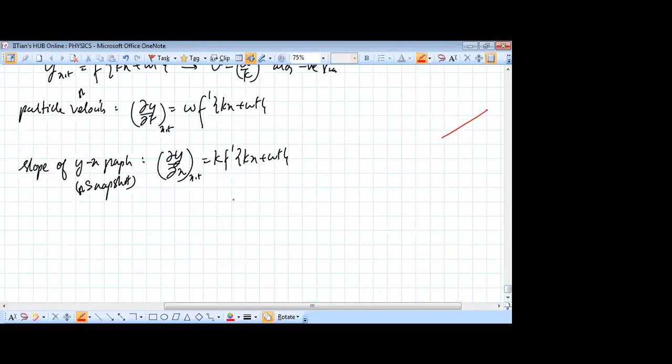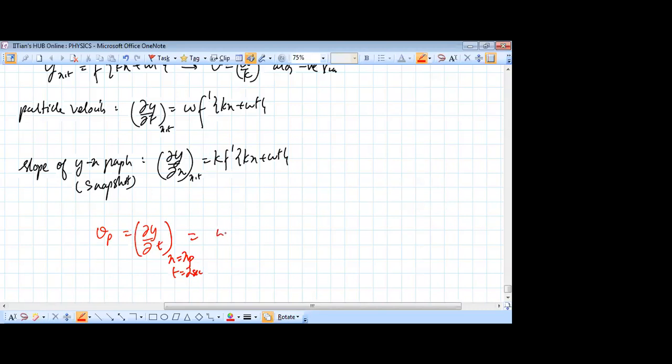So therefore, the particle velocity, now you can see the relationship between particle velocity, which is del y by del t, my mistake. At the point x equal to xp, the x coordinate of that point P, at the time 2 seconds, from this equation you can see this is omega f prime and this is k f prime.